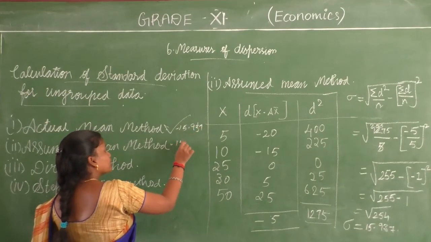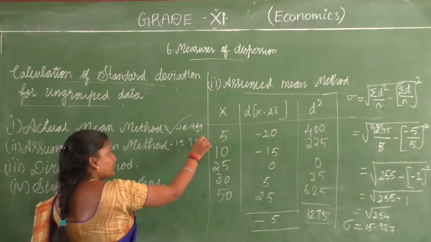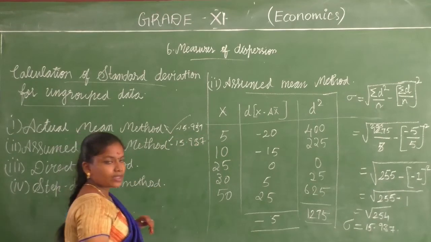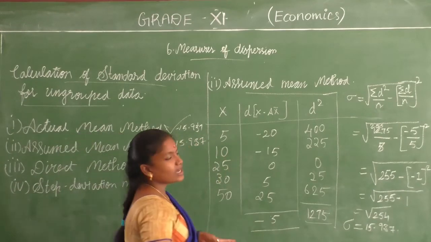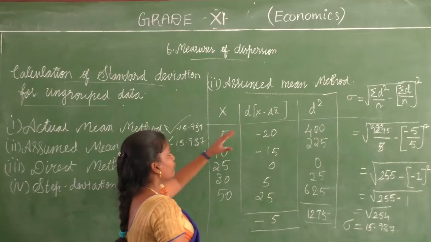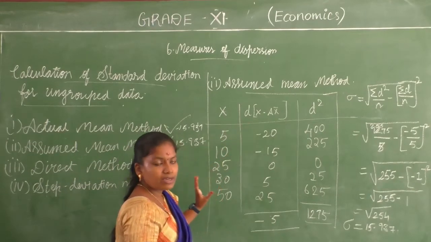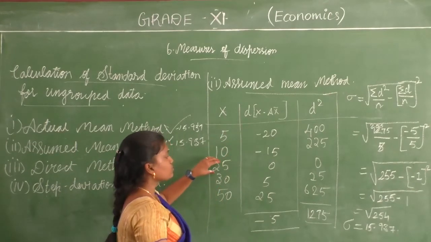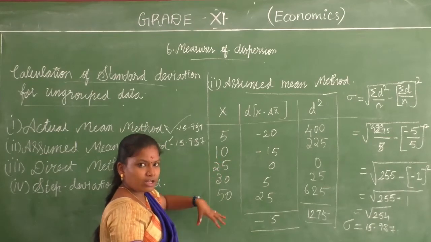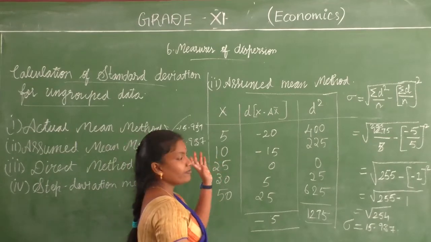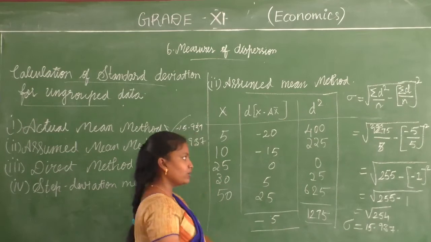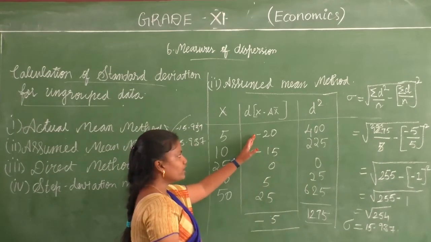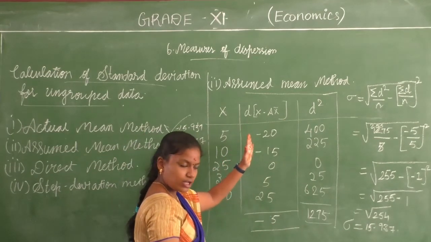15.937, and here even you got 15.937. So how did we do the assumed mean method? We found an assumed mean, which was 25. You took a value out of it as 25; of course, you can choose any other value also. When you do it, you get a deviation value.